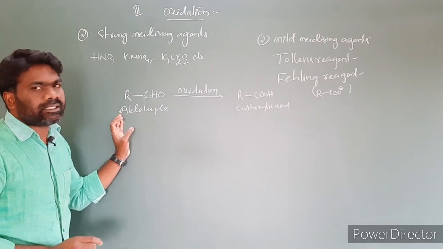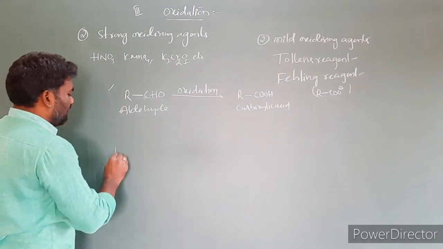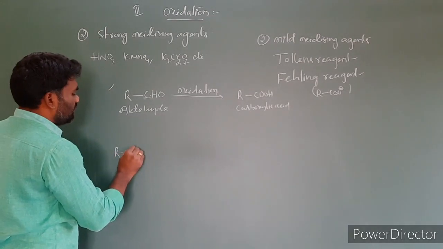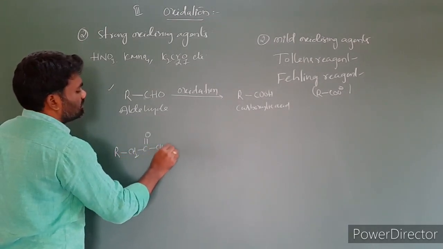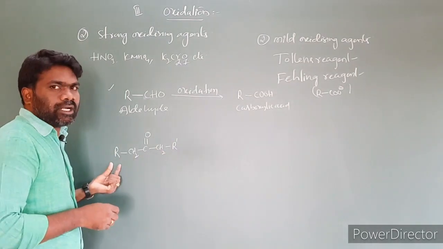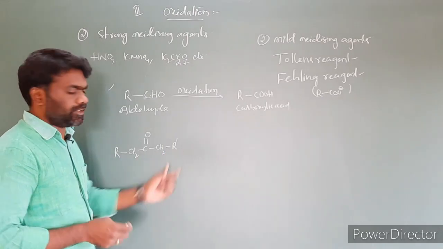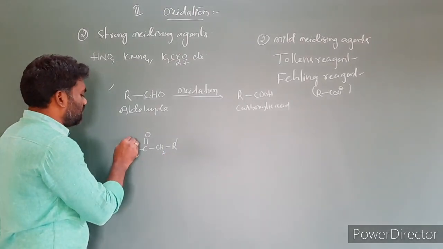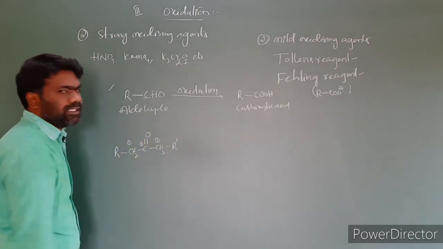Then coming to the ketones. We discussed aldehydes. Now coming to ketones, I am taking an example: RCH2-C double bond O-CH2R'. Imagine these two alkyl groups, R and R', are different. In this case, this carbon I am labeling as number 1, this carbon as number 2, and this carbon as number 3.